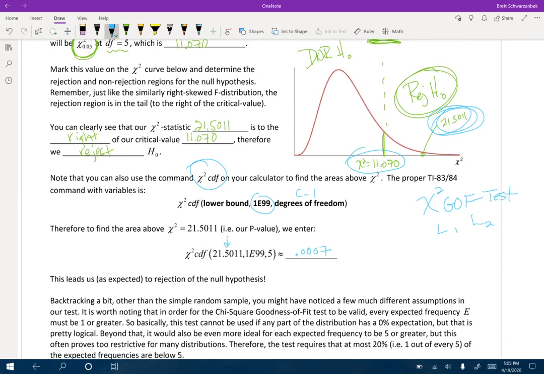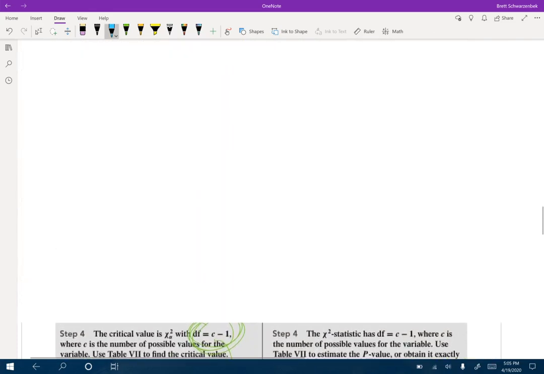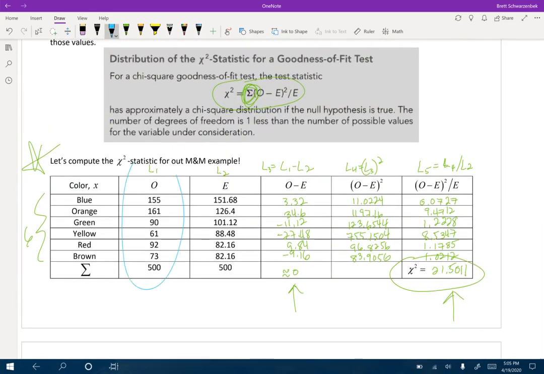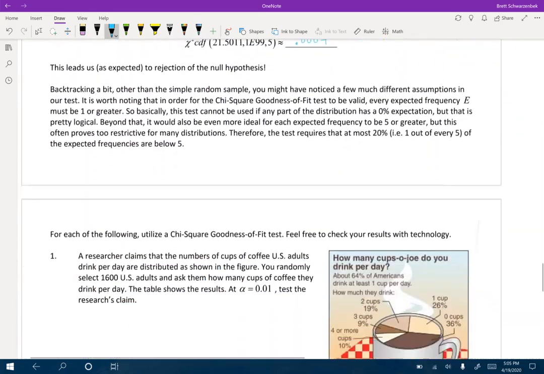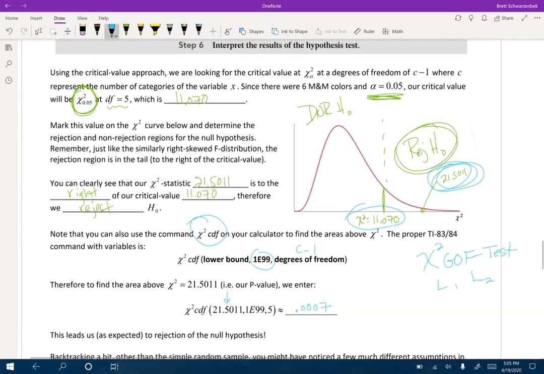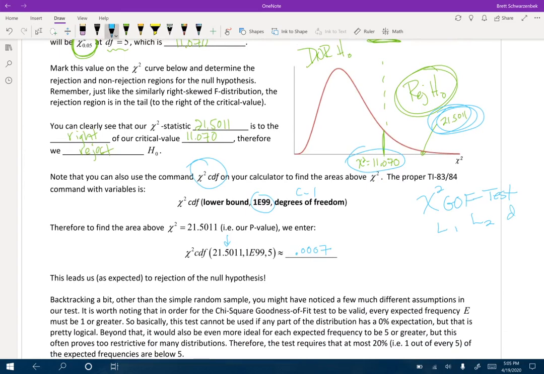Not super complicated, though. You would make sure this is in your calculator, run the test, and put them where they go. You would put the degrees of freedom in, and I'm going past where I was, so these three things you need for observed and expected, and then you would just run the test, and you should get the same result that we're getting here.